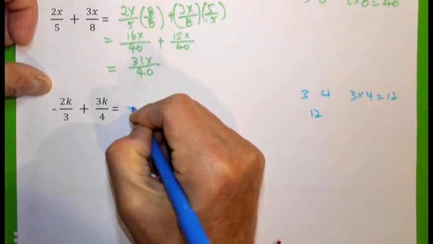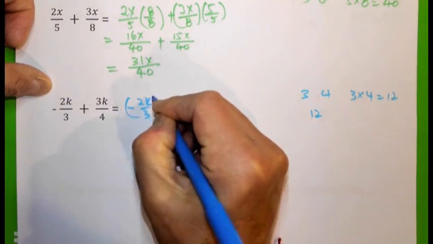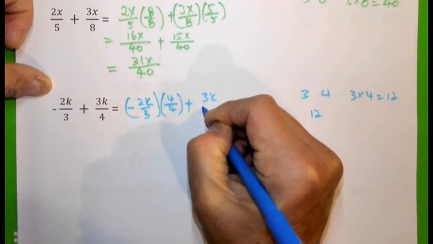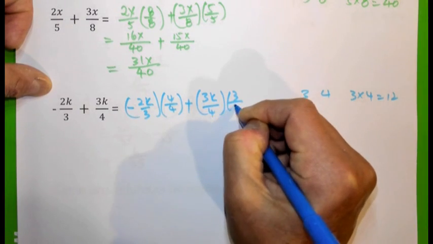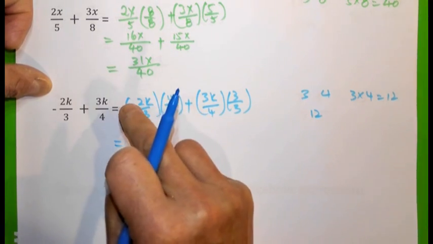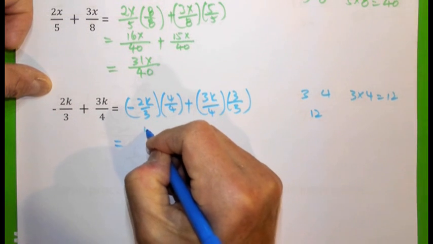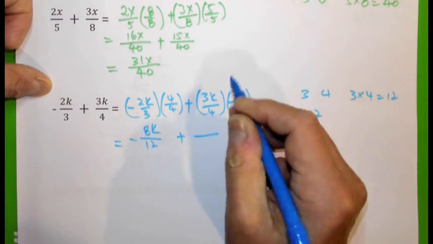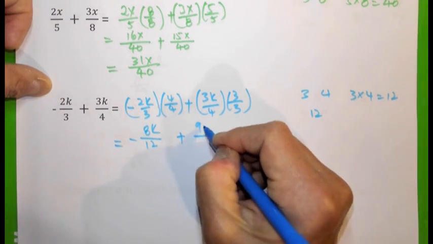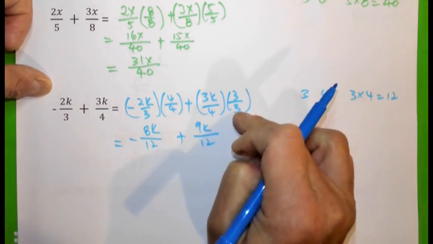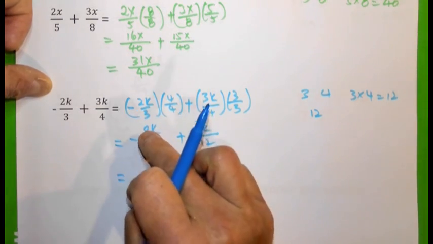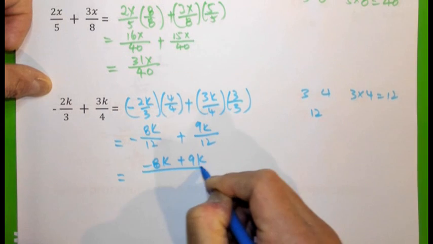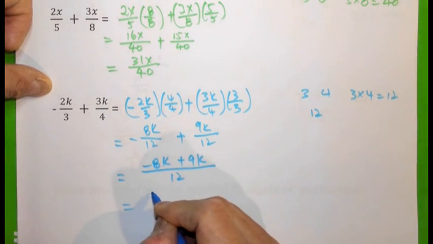We have minus 2k over 3 times 4 over 4 plus 3k over 4 times 3 over 3, which means 2 times 4 is 8k over 12, still minus, plus 3 times 3 is 9k over 12. 4 times 3 is 12. Therefore, we've got minus 8k plus 9k all over 12, and that is k over 12.